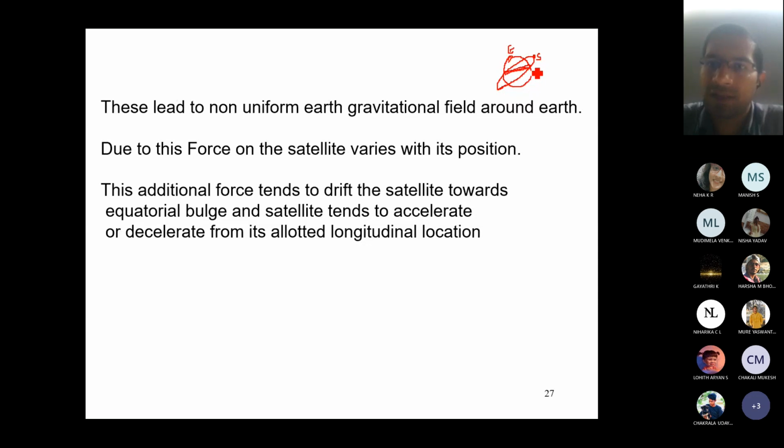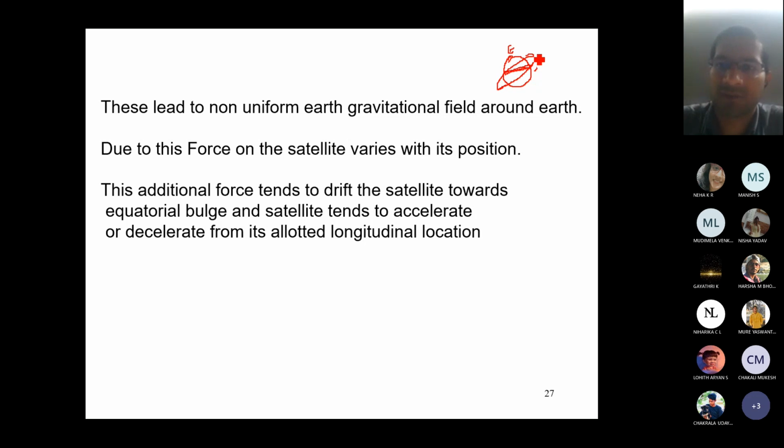Now, if you see this particular satellite, it goes towards north. It is going above the equator. And as it moves above the equator, it is experiencing high gravitational field. So when the satellite is moving more and more towards north, it is experiencing high gravitational field and there is a deceleration. The velocity of the satellite will decrease because of the increase in gravitational force.